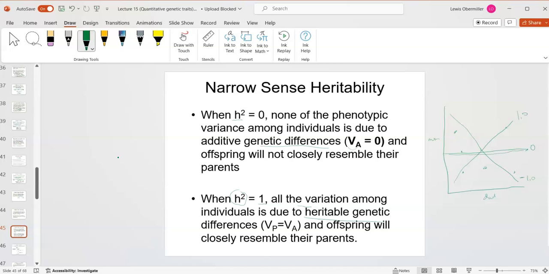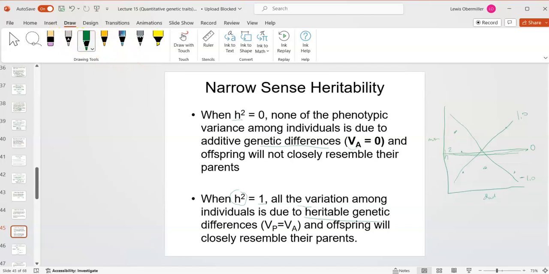It doesn't matter if you take a big chicken and breed it with another big chicken, the size of their offspring isn't going to be affected by the size of the parents. So that value h squared is 0.